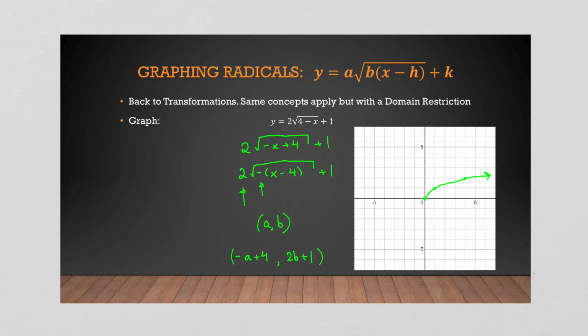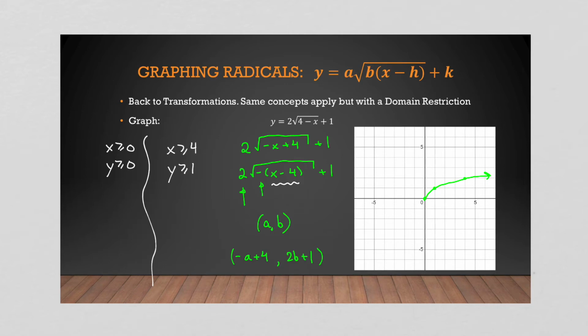Now, we have a domain restriction in our new function. Our original function has your classic domain restriction there, which gives us a range restriction there. But with our new function, we've been bumped up 1, so our new range becomes that. And our new domain, well, we are not allowed to have 0 in here, so x has to be greater than or equal to 4.